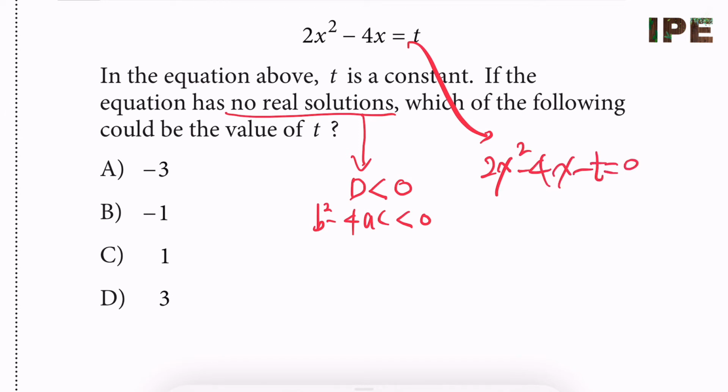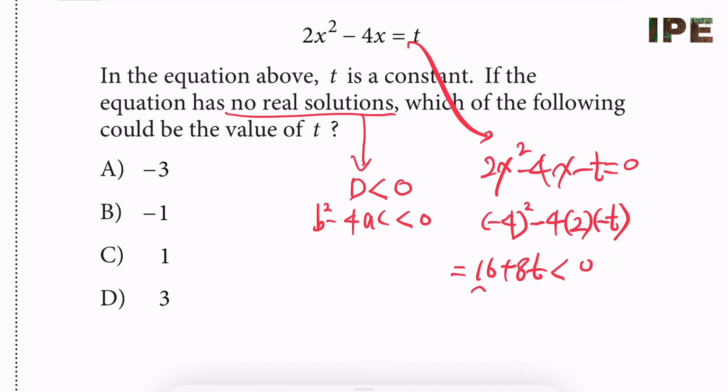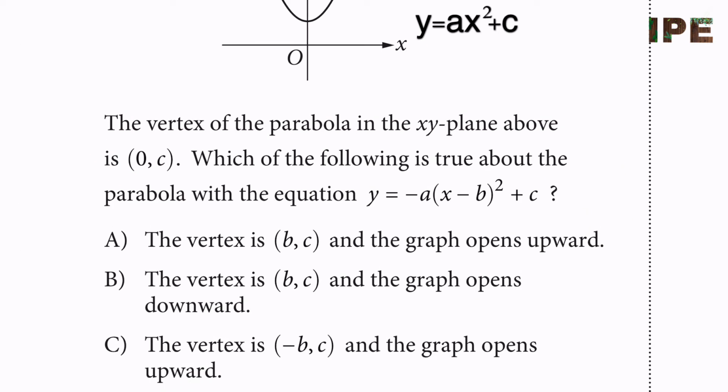And then find b squared minus 4ac. b is negative 4 squared minus 4 times a times c, which is 16 plus 4t. That should be less than 0. So 4t is less than negative 16, and then t is less than negative 4. So which number is less than negative 4? Negative 3 only.